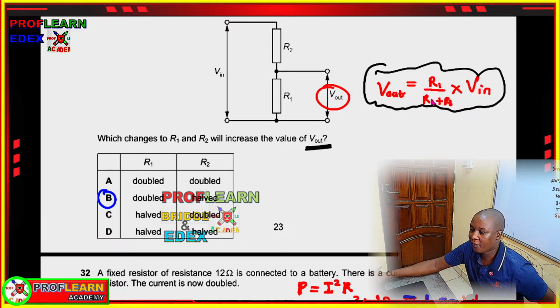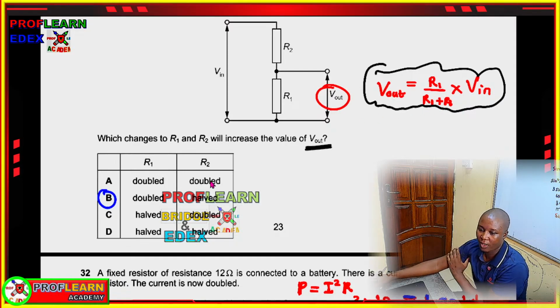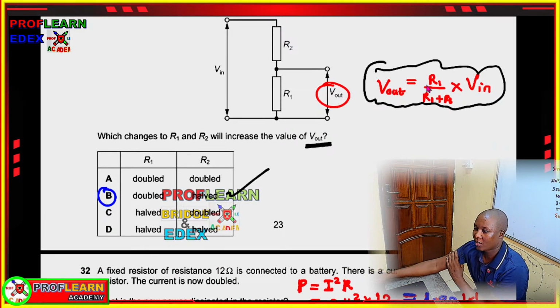You see, if you double R1 and halve R2, then you are going to increase V out, because if you double R1, the numerator becomes larger. So doubling R1 and halving R2 will give us the correct value, because the numerator is increased.